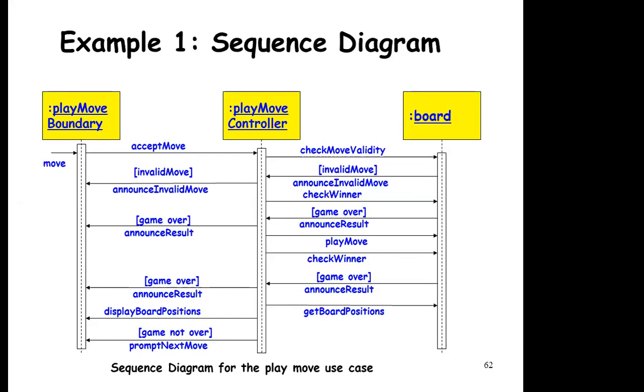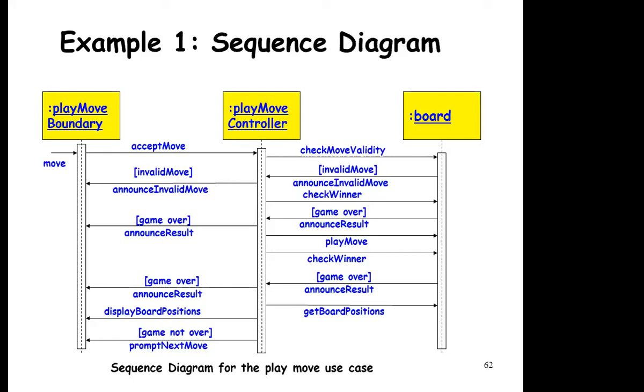If it is validated, then it will be implemented on the board, in the upper line with the arrows. If it is an invalid move, then it will announce to the player that the move is invalid. Okay. If in the end the game is over, it will tell yes, game is over.